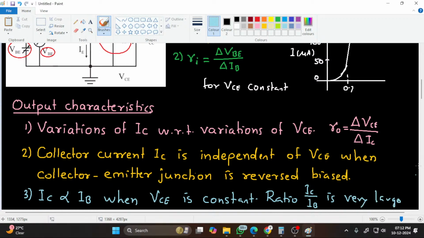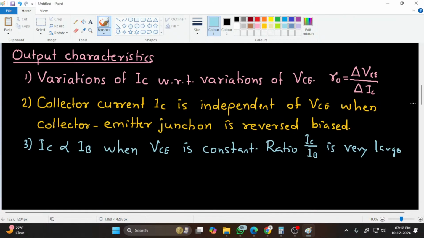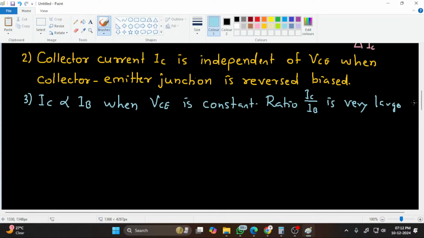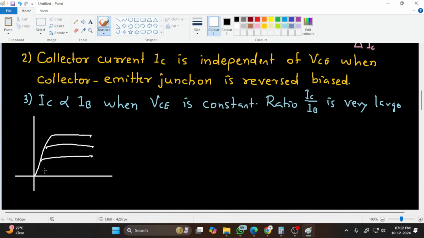So how the characteristics look, output characteristic, they look like this. If you want to draw the output characteristics, they are like this. This is for different base current IB, 10 microampere, 20 microampere, 30 microampere, 40 microampere.